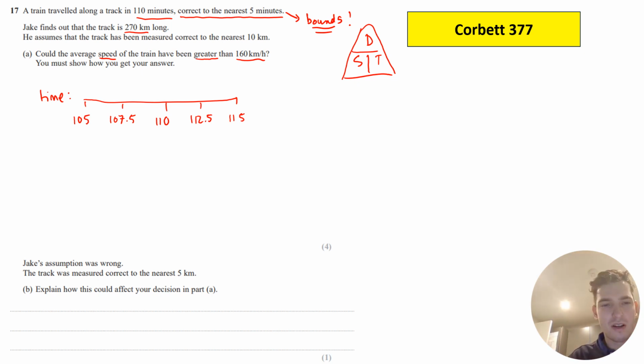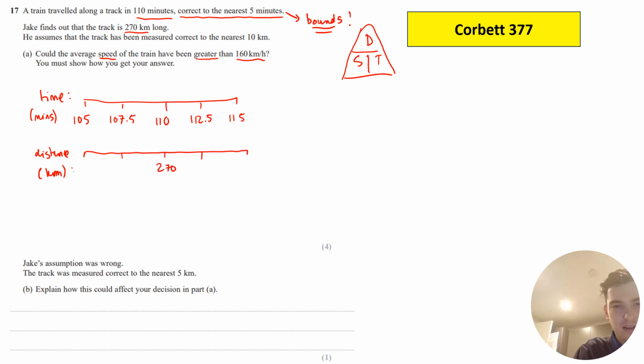So that is my lower bound and upper bound for time. And it's worth saying that this is in minutes. And then we'll do the same thing for our distance, which is in kilometers. So number line again. We'll put 270 kilometers in the middle, and then we are going to go up 10, down 10, and then put the 2 numbers in the middle.